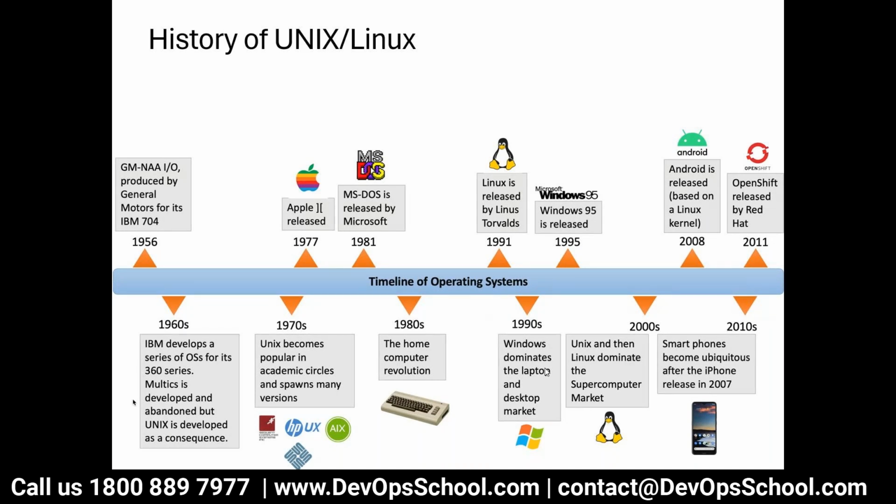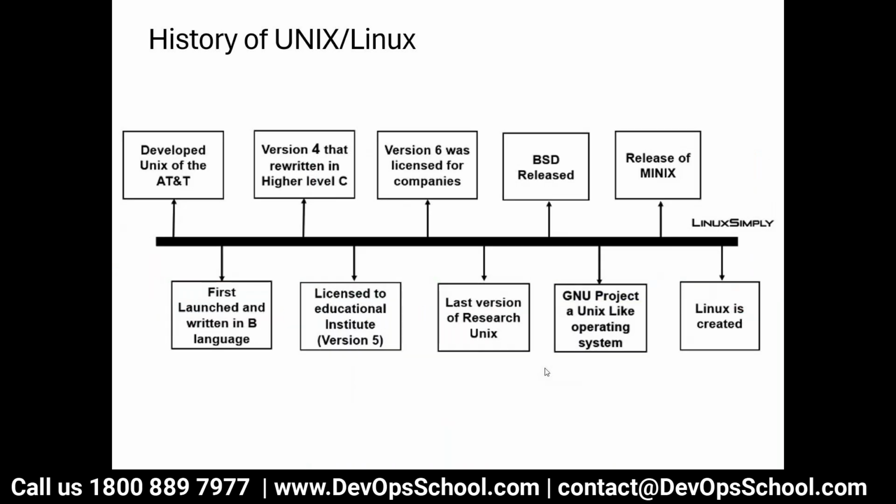And Linux came in 1991. Again, last time we also discussed that Android was released based on the Linux kernel in 2008, and many supercomputers got introduced lately. Okay, so these are the things.